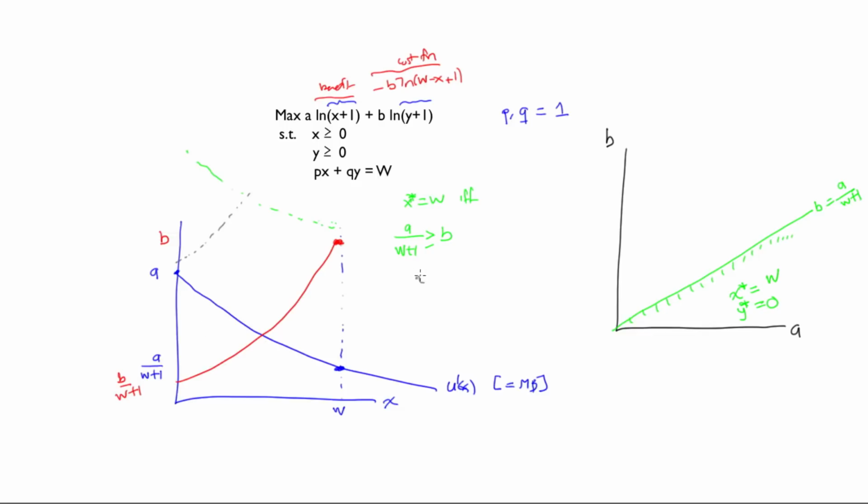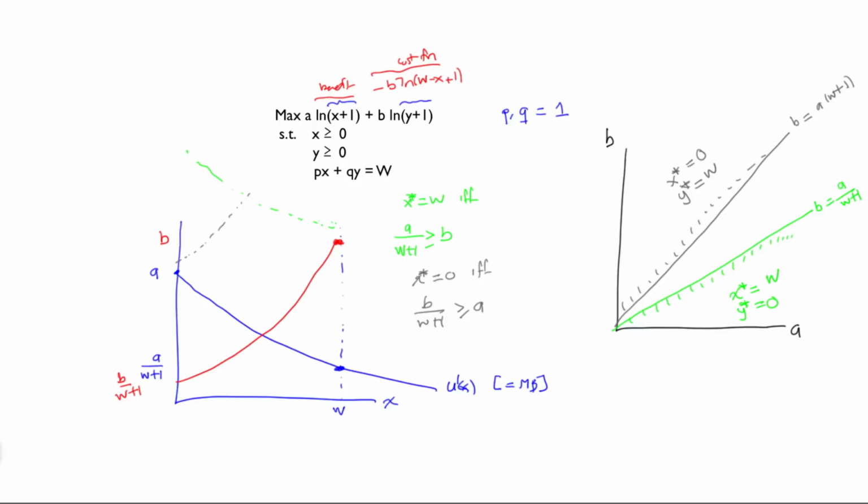So we're going to have a solution with x star equals 0 if and only if this point is above that point, which requires b times w plus 1 to be greater or equal than a. So you can now think of a line like this that has b equals a times w plus 1, and points up here are points in which x star equals 0 and y star equals w.